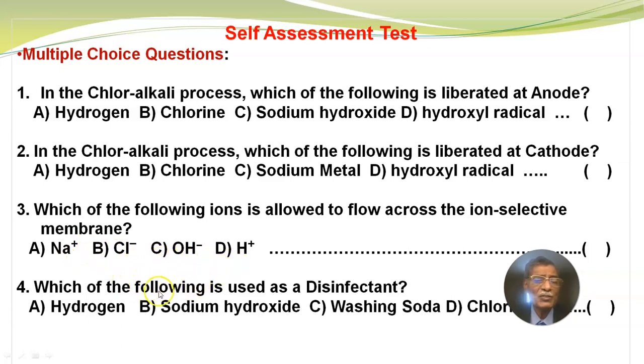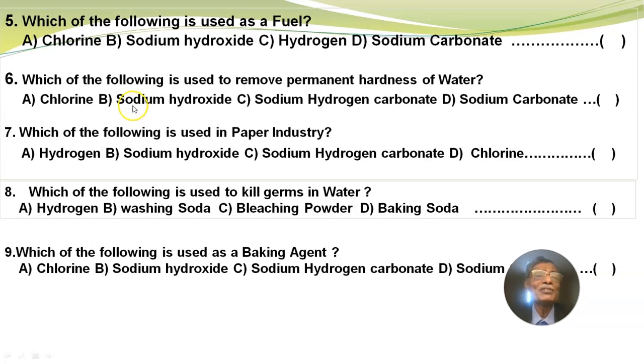Question 4. Which of the following is used as a disinfectant? A. Hydrogen, B. Sodium hydroxide, C. Washing soda, D. Chlorine. Question 5. Which of the following is used as a fuel? A. Chlorine, B. Sodium hydroxide, C. Hydrogen and D. Sodium carbonate. Question 6.